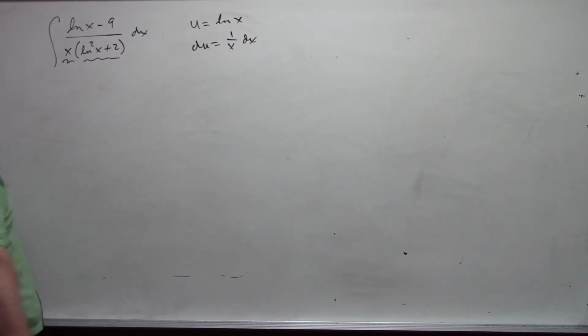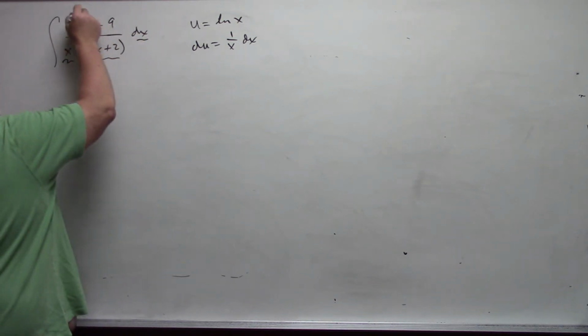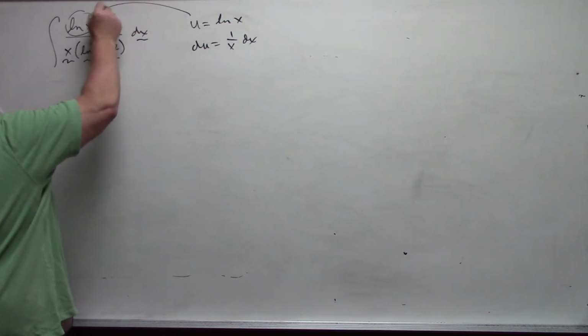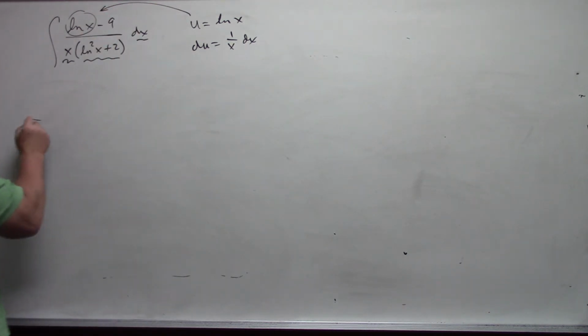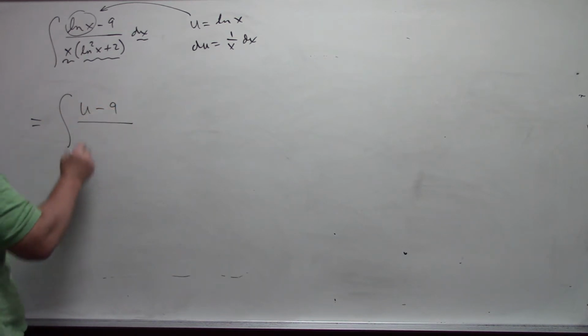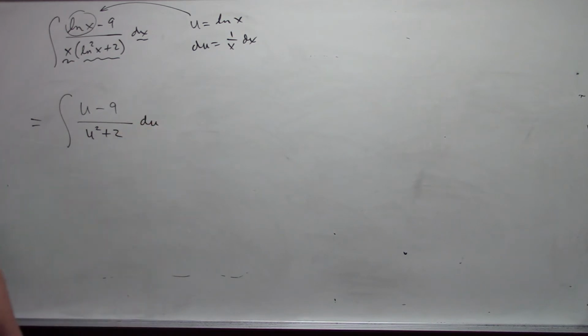I can replace the 1 over x dx in the denominator. The ln of x, I will also use the u up there. And so now this becomes u minus 9 over u squared plus 2 du. Now, at this point, that's a little bit nicer than what we had, but it's still kind of ugly.